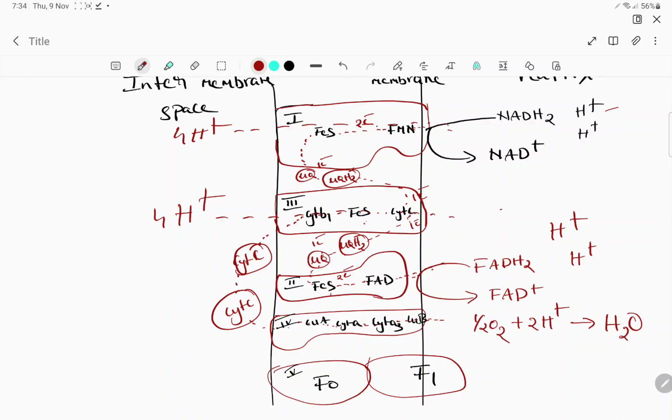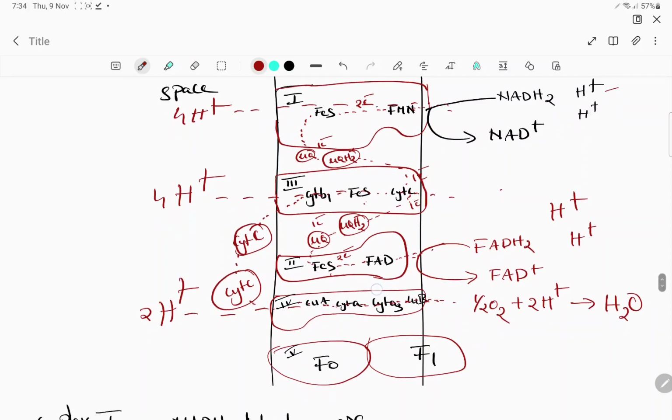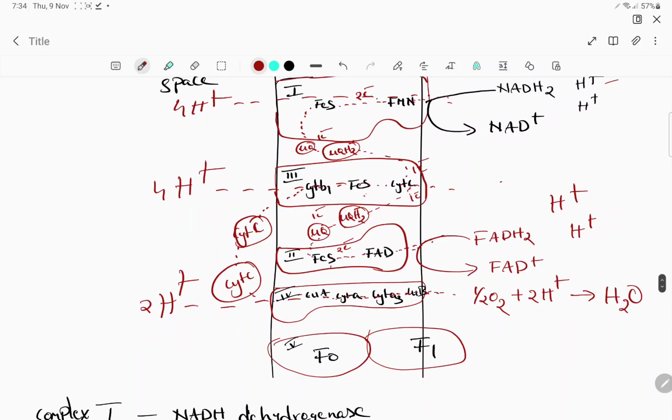And for giving 2 electrons in exchange, the system is taking 2 protons. So totally you have 10 protons. The concentration of protons is increased in the intermembrane space. For every 2 protons, 1 ATP is generated. So ADP plus Pi gives rise to ATP.